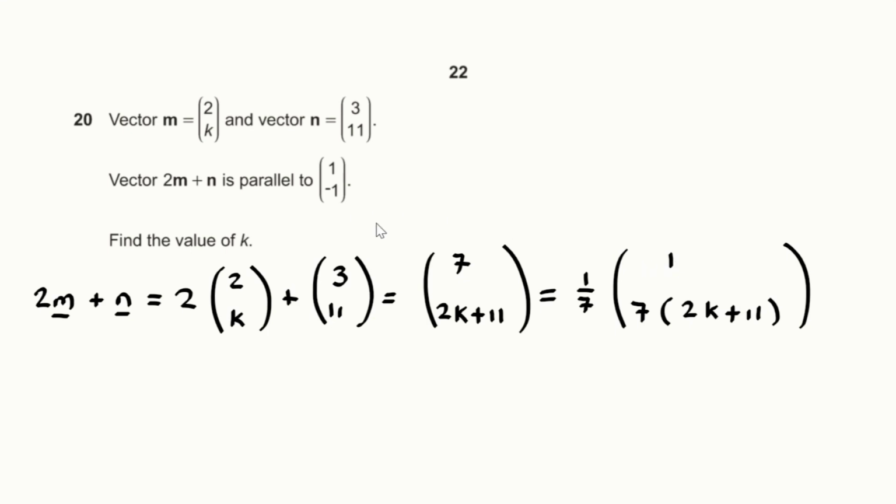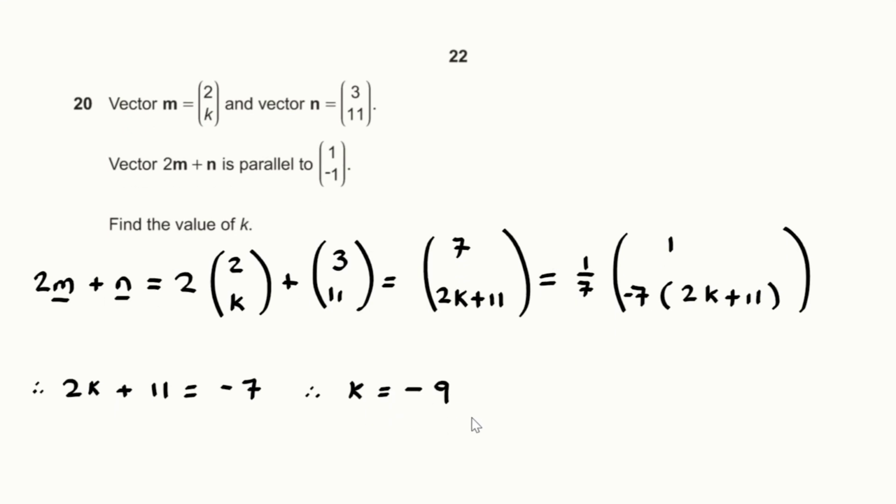The ones match up, but here I need a -1, so here I need a minus over here. If we think about it, there is a factor of 7 by which these vectors are parallel. They're just different magnitudes by 7. So I've got 2k plus 11 equals -7, from which I can conclude k is -9. So I get k equals -9.